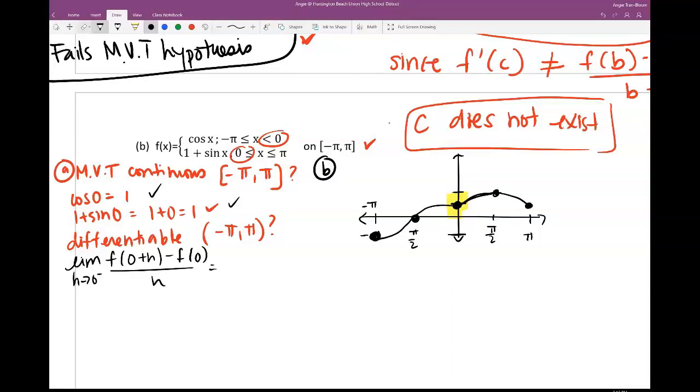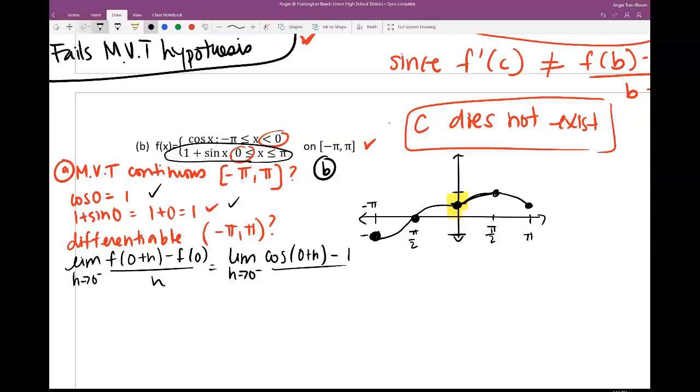If I'm coming from the left, I would have to use cosine. So here we go. Limit as h approaches 0 from the left of cosine of 0 plus h, minus f of 0. F of 0 must come from here. Sine of 0 is 0, 0 plus 1 is 1.